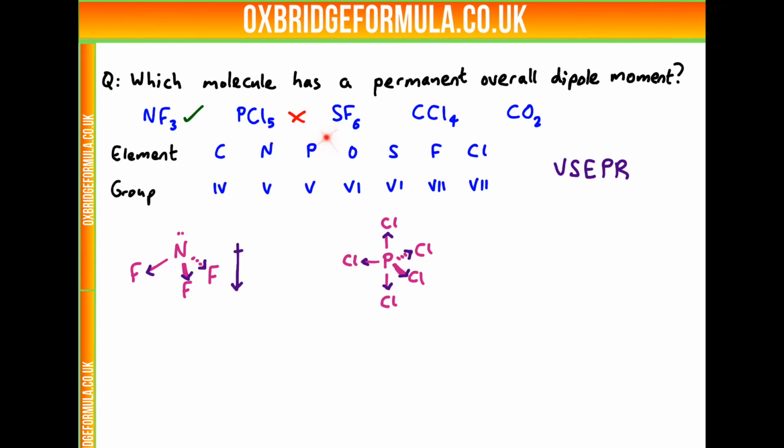Now, what about SF6? So again, we're going to have a central sulfur surrounded by 6 fluorines because fluorine forms only 1 bond. Sulfur is in group 6, so it has 6 outer shell electrons, and so it will form 6 bonds with no lone pairs to the surrounding fluorines. What would that look like?